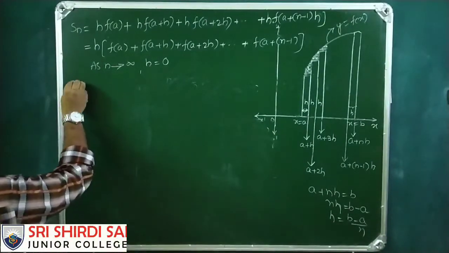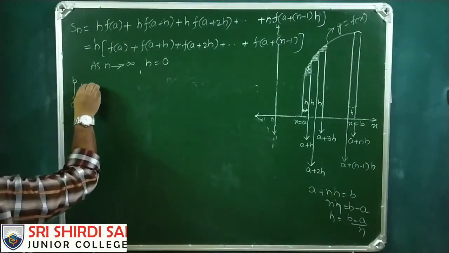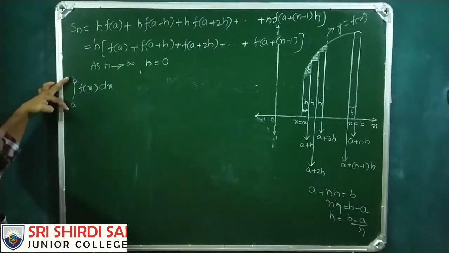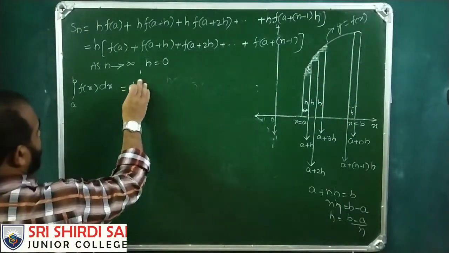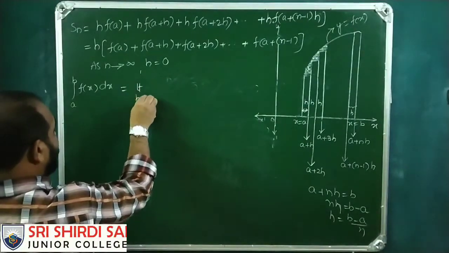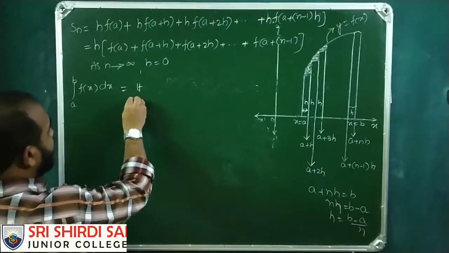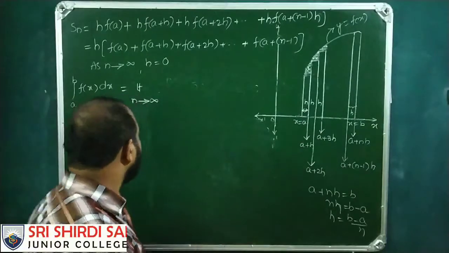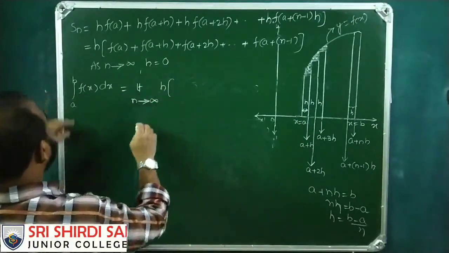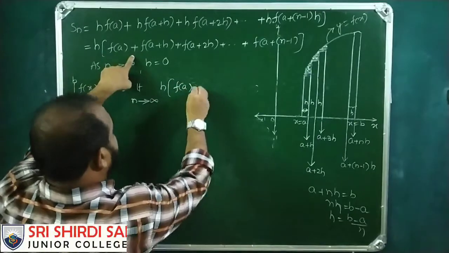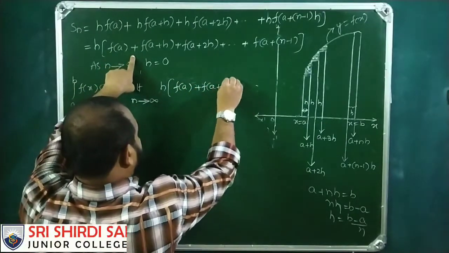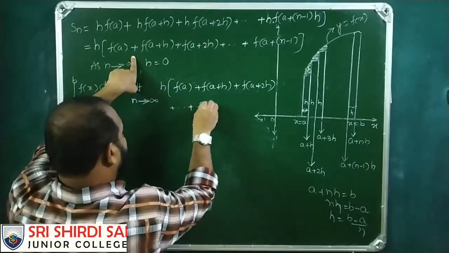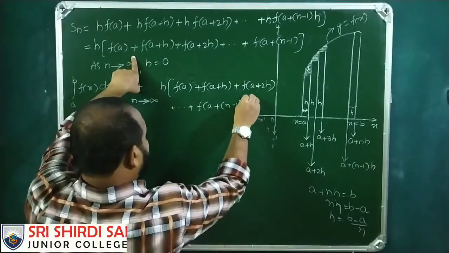So what is Sn? Integral a to b f of x dx, the area of the region bounded by the curve y is equal to f of x between the limits a and b, is equal to limit h tends to 0, or first limit n tends to infinity, as the number of rectangles is infinity, then h into f of a plus f of a plus h plus f of a plus 2h, etc., plus f of a plus n minus 1 into h.